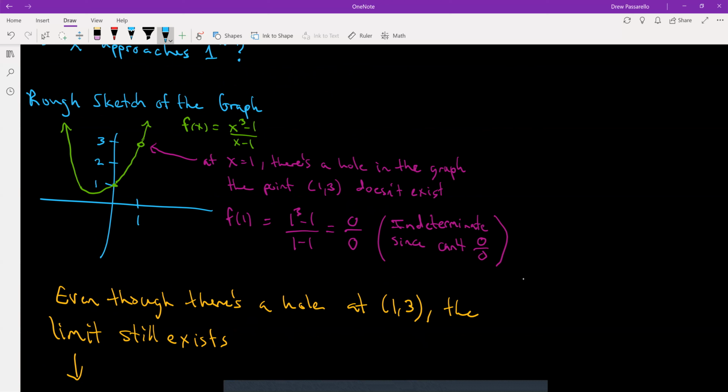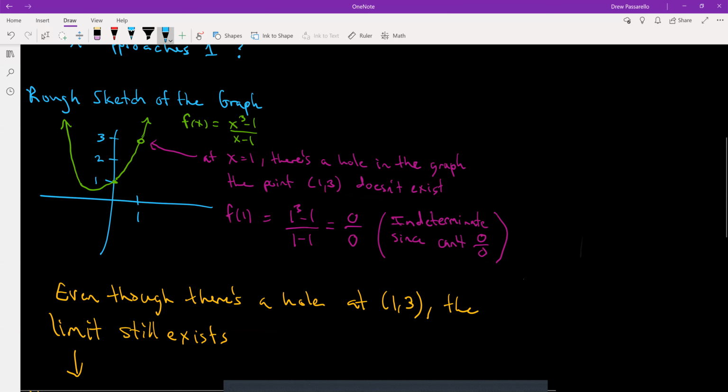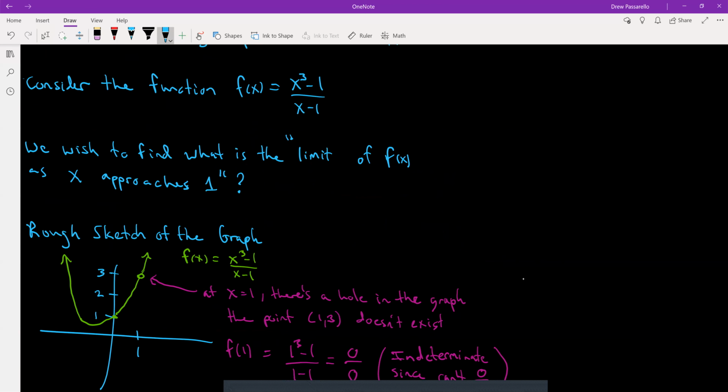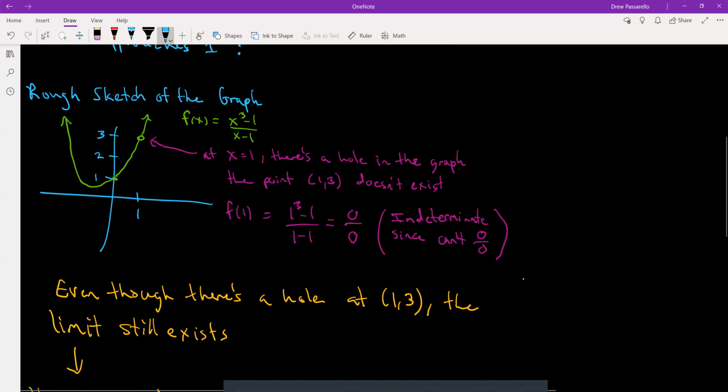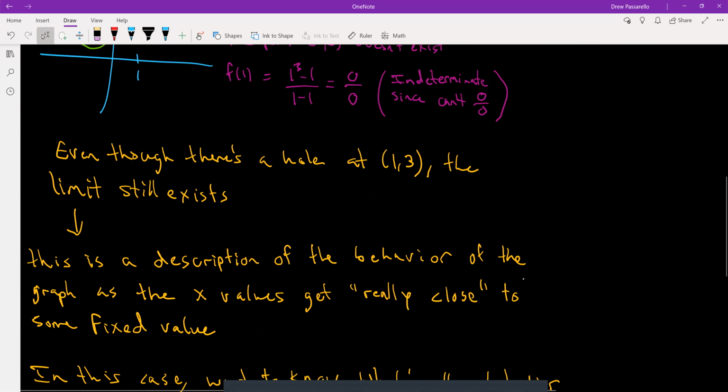You can also determine that algebraically, because if you plug in 1 for x, you get 1 cubed minus 1 over 1 minus 1, which gives you 0 divided by 0. But 0 divided by 0 is indeterminate. So there's a hole in the graph at that point 1, 3, which means it doesn't exist. But even though there's a hole, the limit still exists.